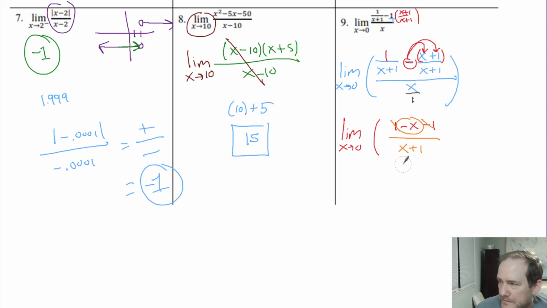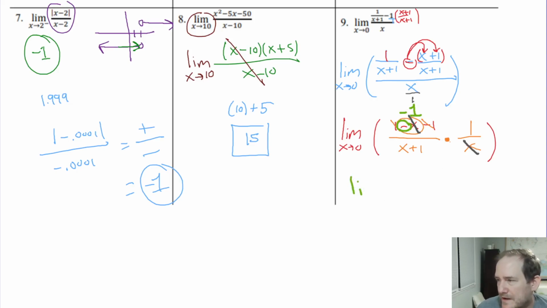And then if you're smart, you're going to rewrite this where instead of dividing by x over 1, you're multiplying by 1 over x. And then you'll watch with glee as this x cancels this x. But you'll also notice that this negative sign did not cancel out. So your numerator still has a factor of -1 in it.